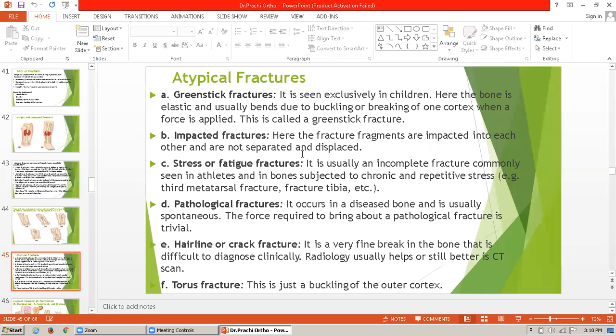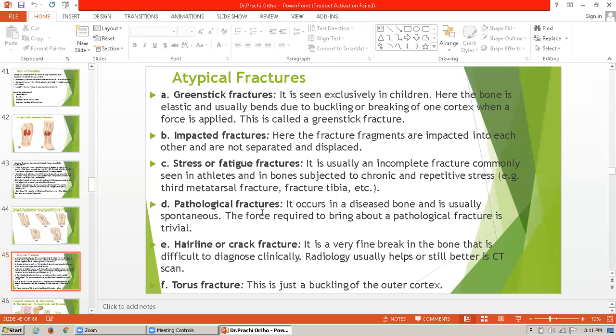Then the impacted fracture, where the fracture segments are impacted into each other and are not separated or displaced. Then a stress or fatigue fracture is usually an incomplete fracture, commonly seen in athletes and in bone subjected to chronic and repetitive stress, for example a third metatarsal fracture or a tibial fracture.